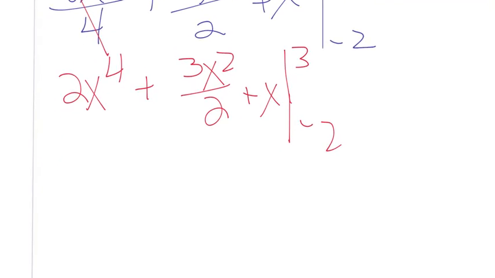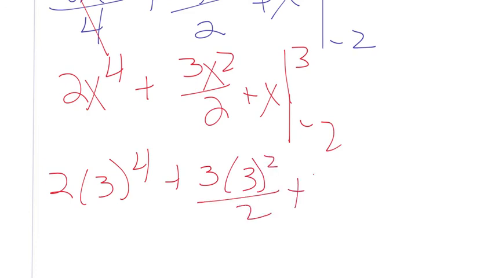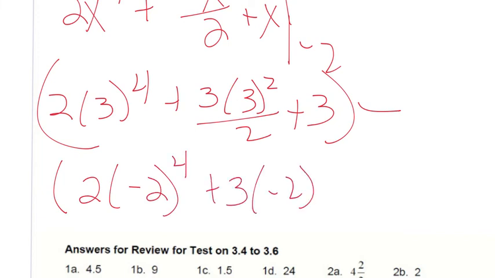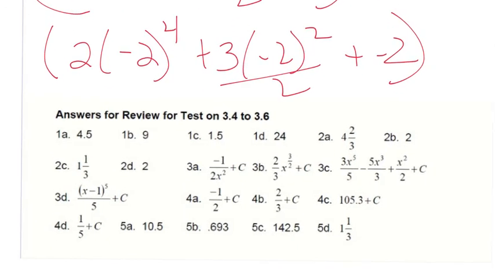And I'm going to plug in the 3. I'm going to find that as a value. Minus, and plug in the -2. And you will simplify all of those, subtract, and you should get 142.5 down here.